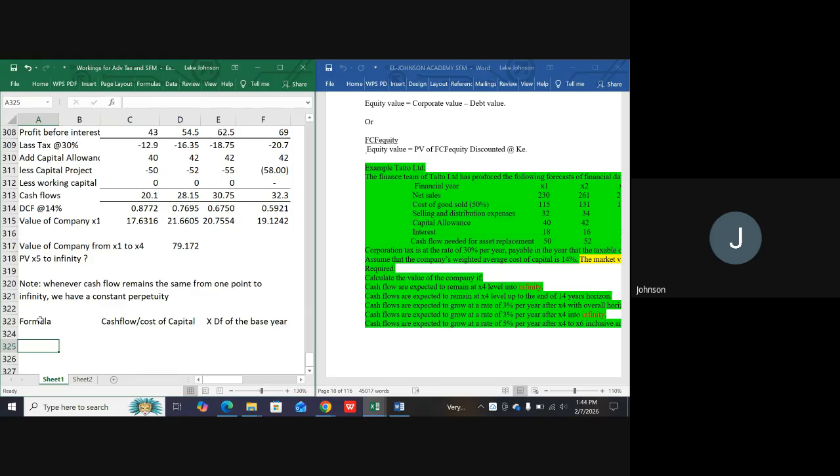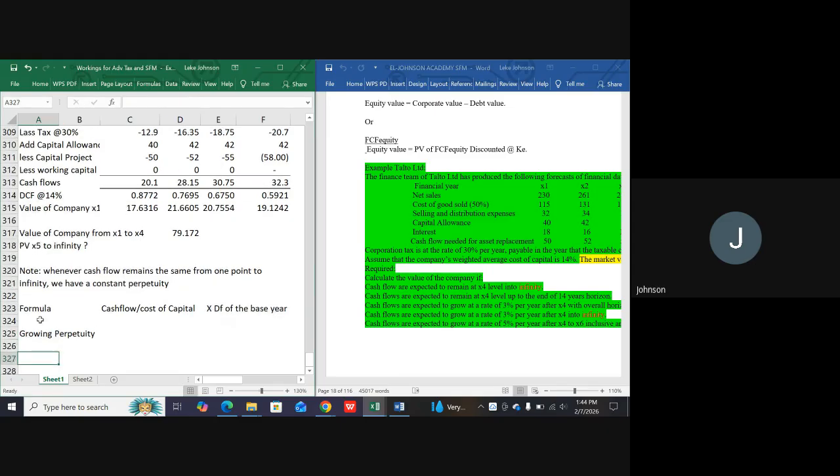However, if you have another perpetuity that is not constant, then we are going to have a growing perpetuity. To get a growing perpetuity, let me quickly put it here. Growing perpetuity. When you have a growing perpetuity, this is what you do. You are going to still have the same cash flow of the base year.